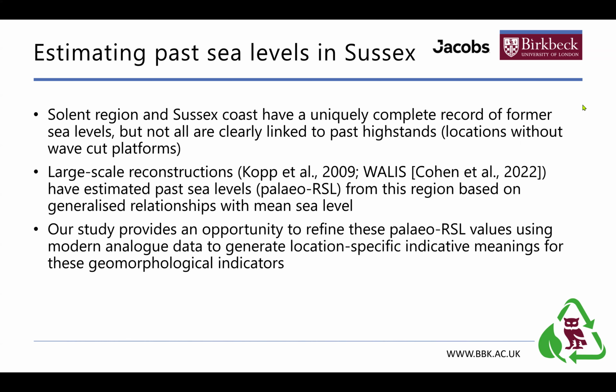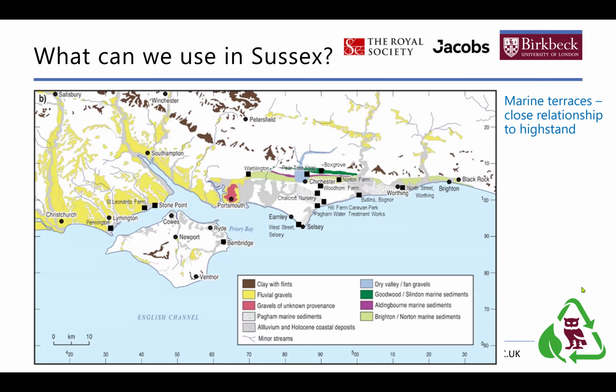So we decided we would estimate indicative meanings for all of the sequences, but we wouldn't necessarily use them all for uplift modeling, because, you'll see why in a minute. And as I said before, there are various large-scale reconstructions that have estimated past sea levels from this region based on generalized relationships with mean sea level, but we were using modern analogue data.